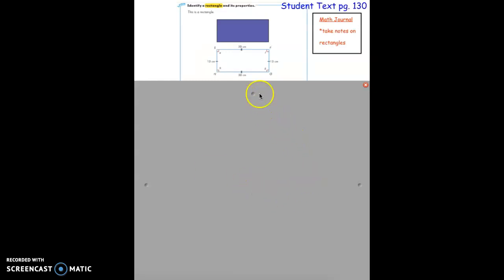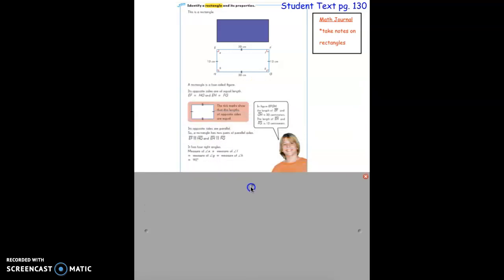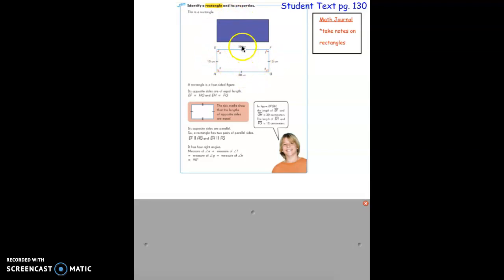So what do we already know about rectangles? Well, let's take a peek. Rectangles also are a four-sided figure. We know that on rectangles two sides are of a shorter length and two sides are of a longer length.